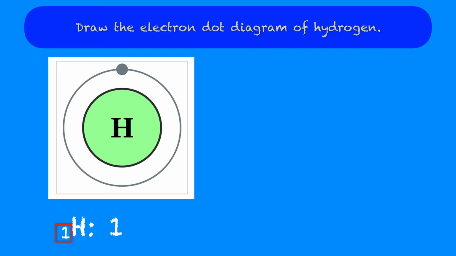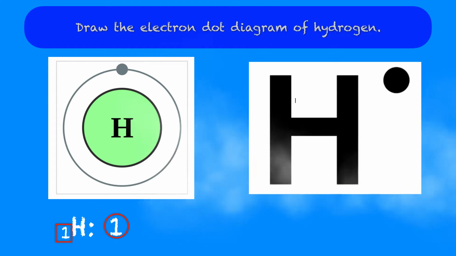Great. And just because an atom is neutral, as it contains 1 proton inside its nucleus, it contains 1 electron in the electron cloud. As hydrogen has only 1 electron, this electron is the valence electron. Accordingly, I write the symbol of hydrogen and just 1 dot.